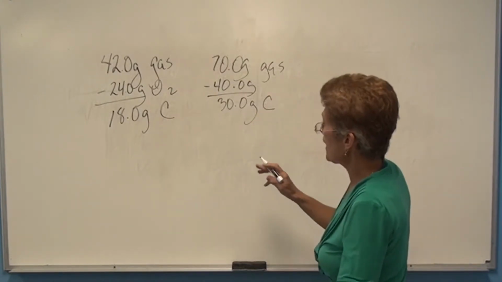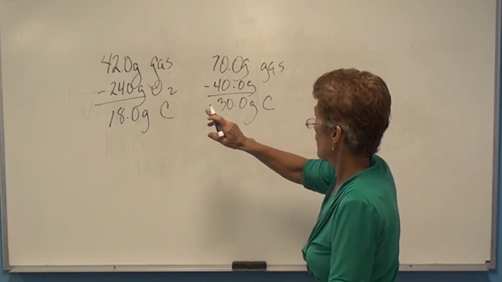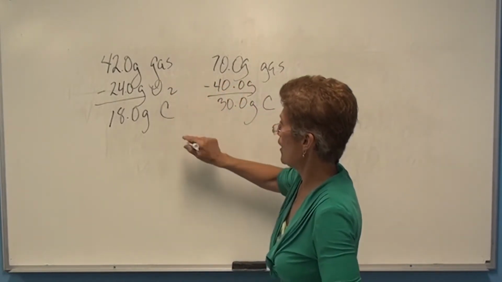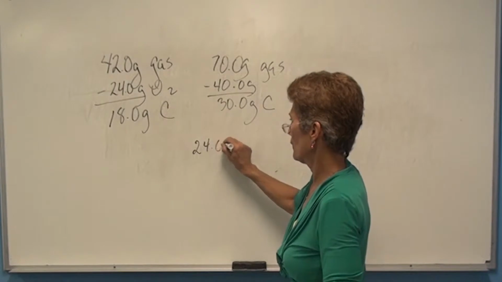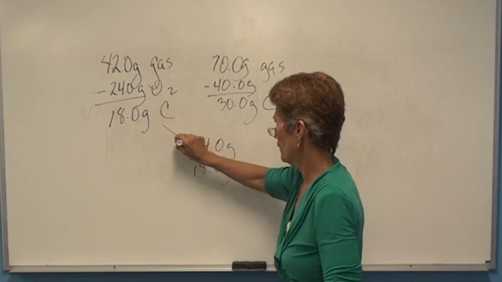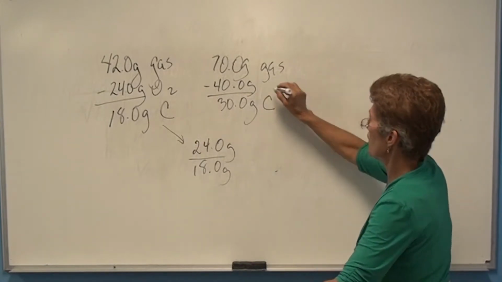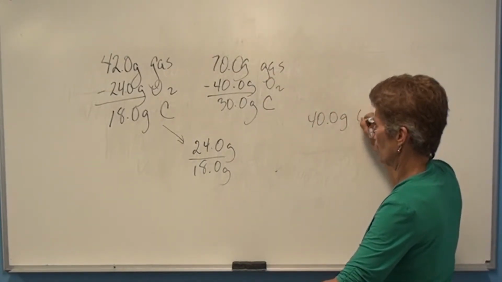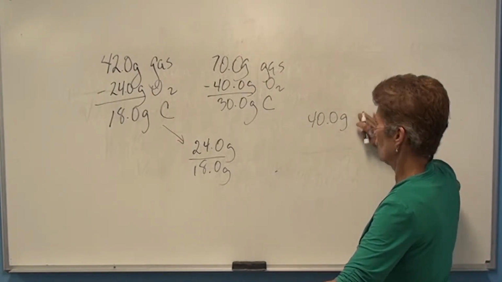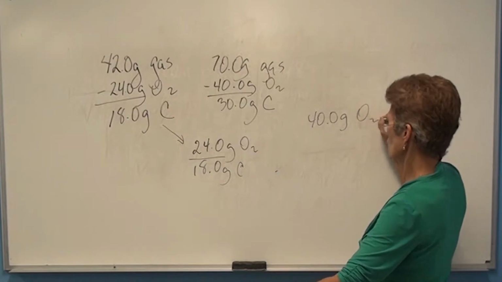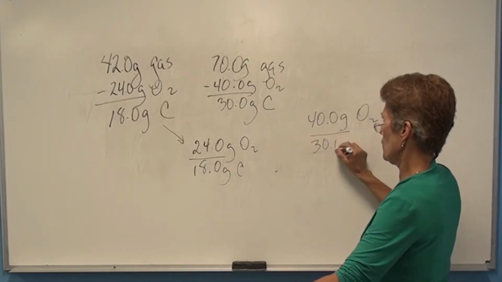So if you take the ratio of oxygen to carbon in the first one, and then you take the ratio of oxygen to carbon in the second one. This is oxygen. This is carbon. This is oxygen. This is carbon.